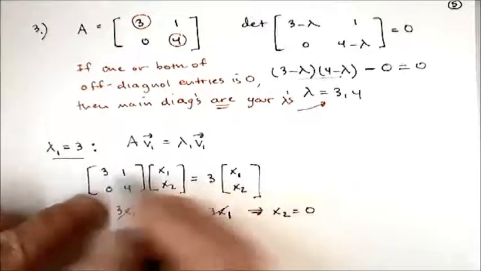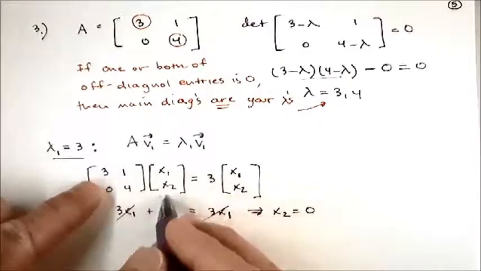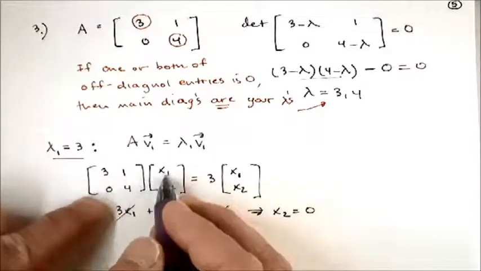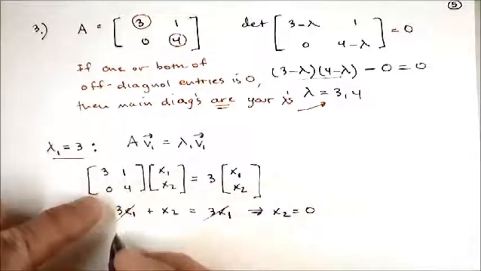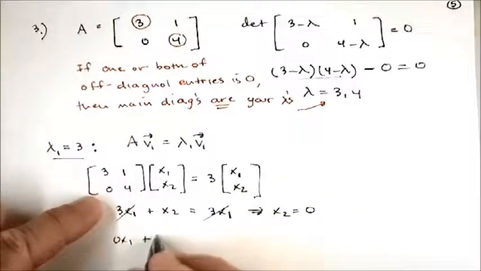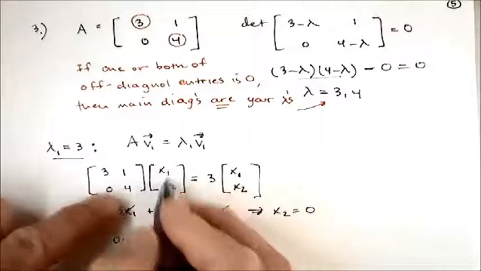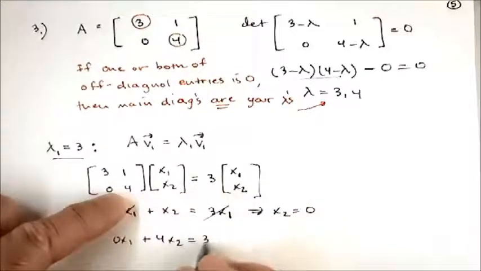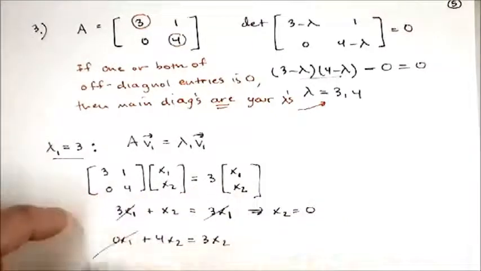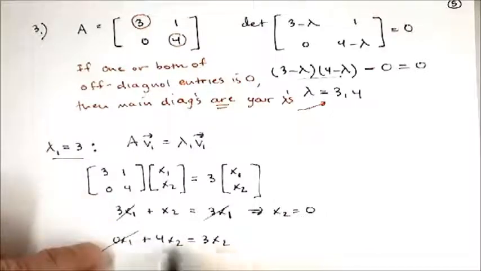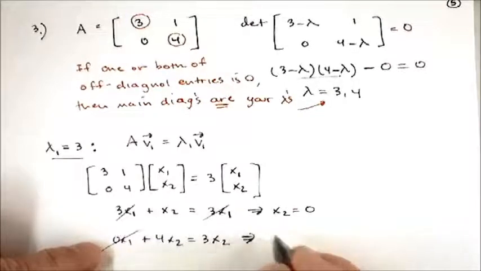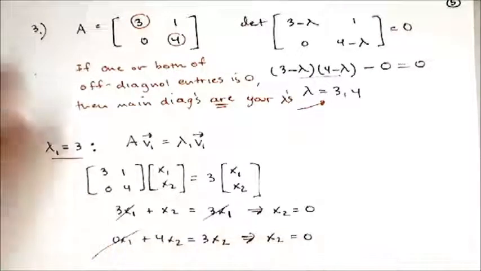Now I said I've only been multiplying the first row. Look, even if you go to the second multiplication, if you do 0x1 plus 4x2 equals 3x2, the only number where 4 times x2 could equal 3 times x2 is also if x2 is equal to 0.